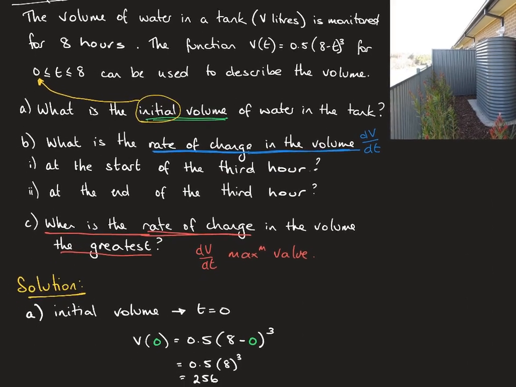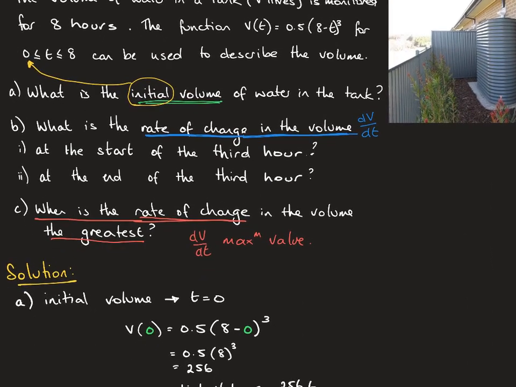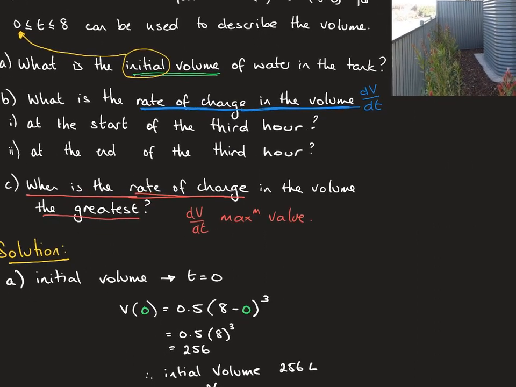When you simplify that, you get 256, and then we answer the question. Okay, so the initial volume is 256 litres. The question didn't ask us what V0 was, it asked us what the volume was. So when you're answering these questions, you need to answer the question.